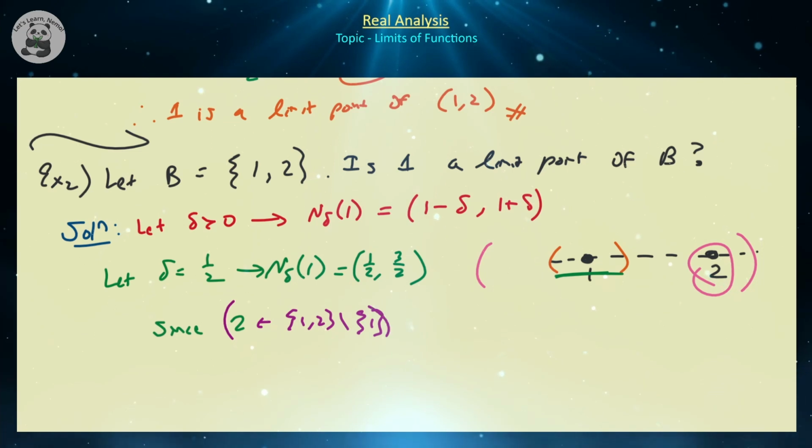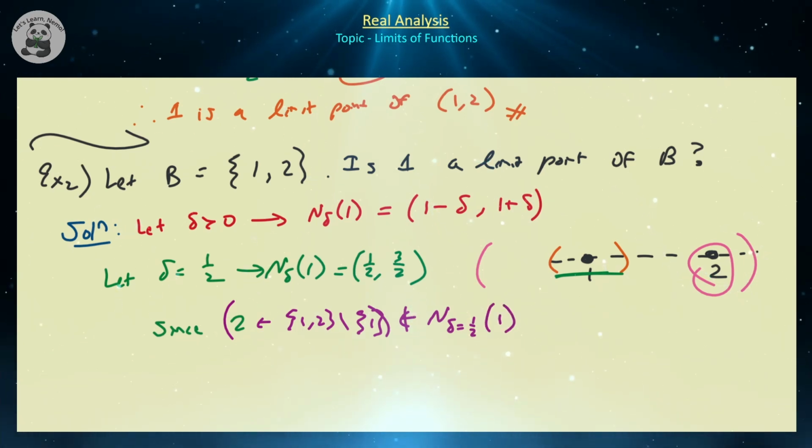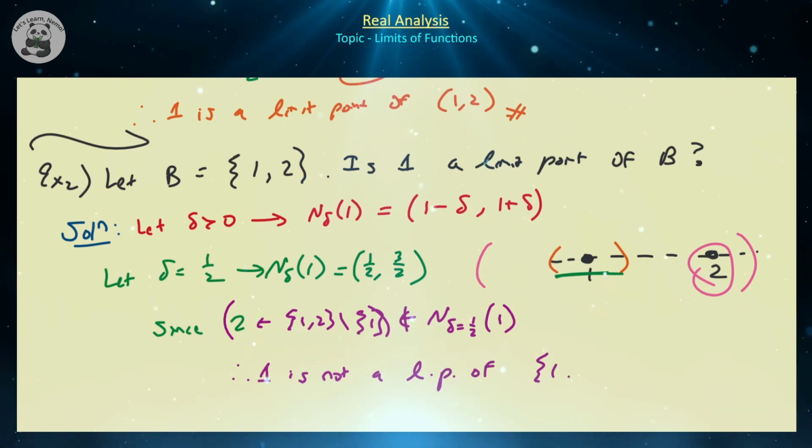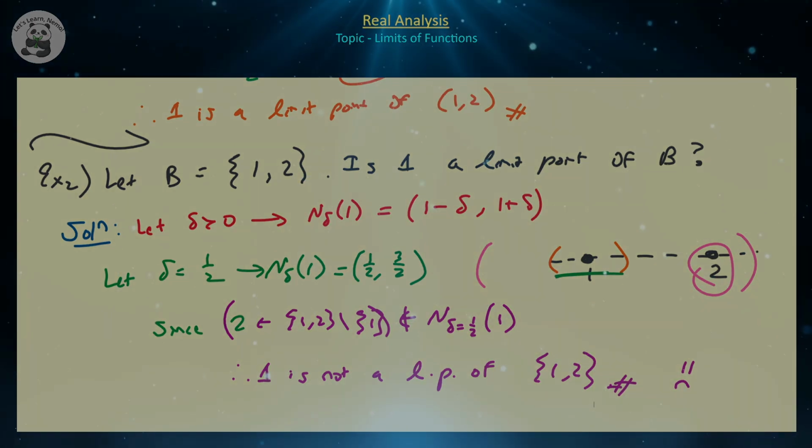But this point does not belong to this particular 1/2 neighborhood. That means what? We found a neighborhood that does not contain at least one other point. So that means that 1 is not a limit point of the set {1, 2}, right? So it's a sad day for that point, isn't it?